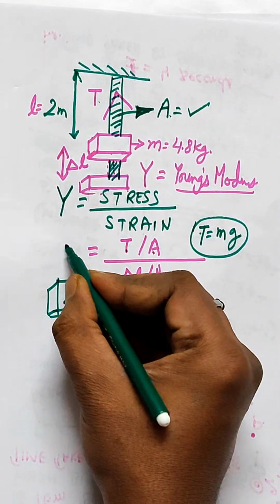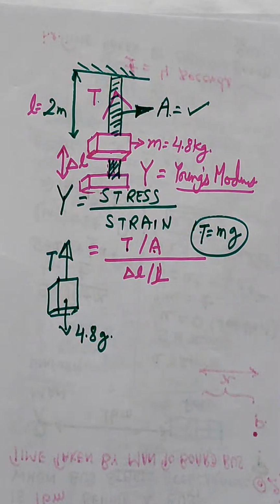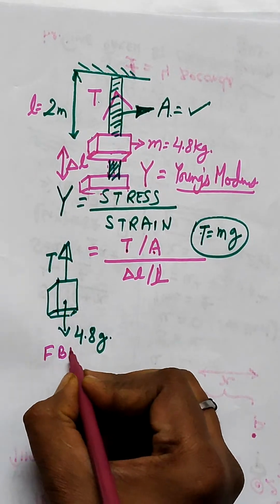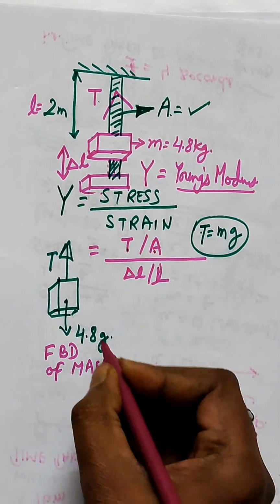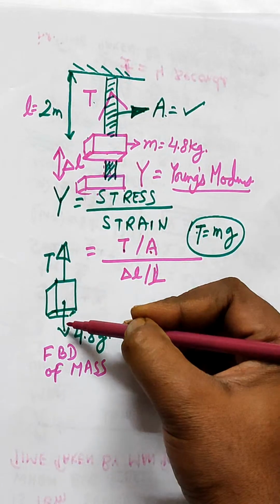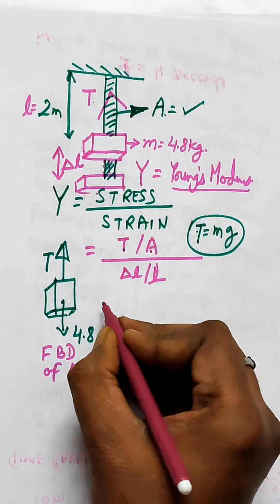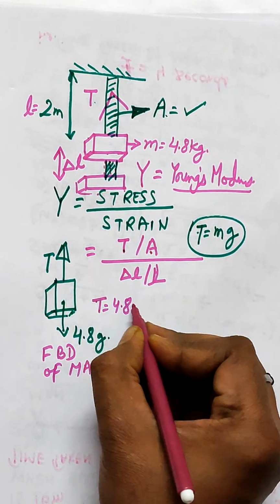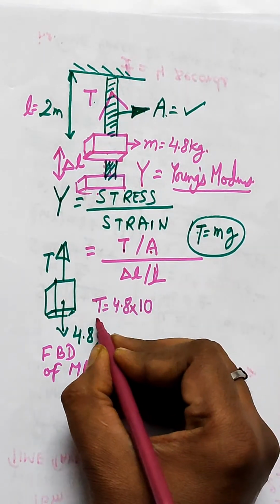And this will be compensated by the upward force, which is T. So you can see this is the free body diagram of the mass. From here, just equating the forces, we get T equal to 4.8 into G. Let's take the value of G as 10.